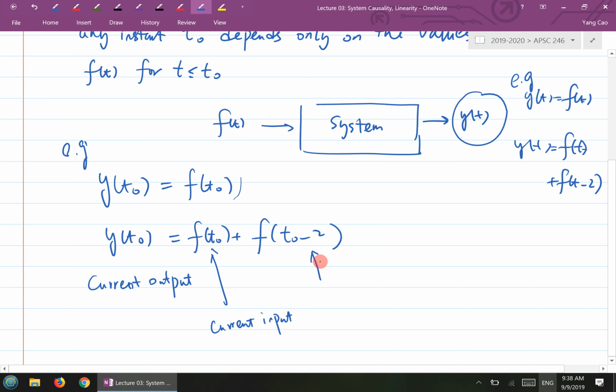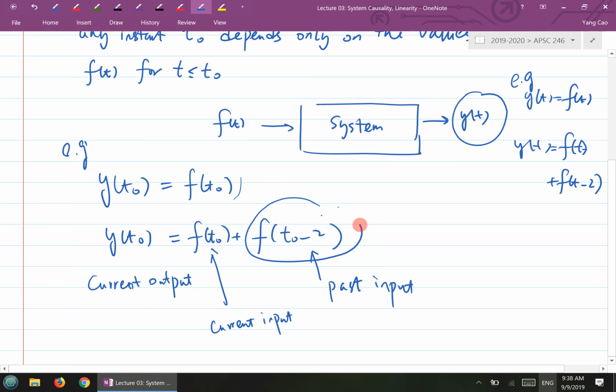What do you think I should precisely call it? More precisely, what should we call it? Future? Why should it be future? Because this is t naught minus 2. The past, right? So this should be the past input.